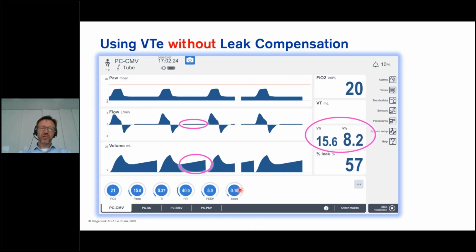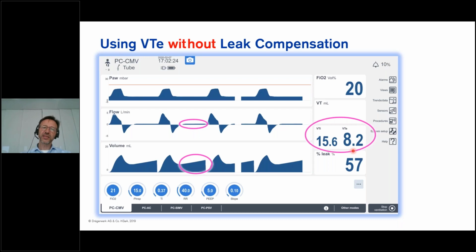Now, two examples to show you how leak compensation works. The first one is without active leak compensation. Here we see a situation of 57% leak. We see the leak in the volume curve and in the flow curve. We also see an inspiratory tidal volume of 15.6 and an expiratory tidal volume of 8.2.